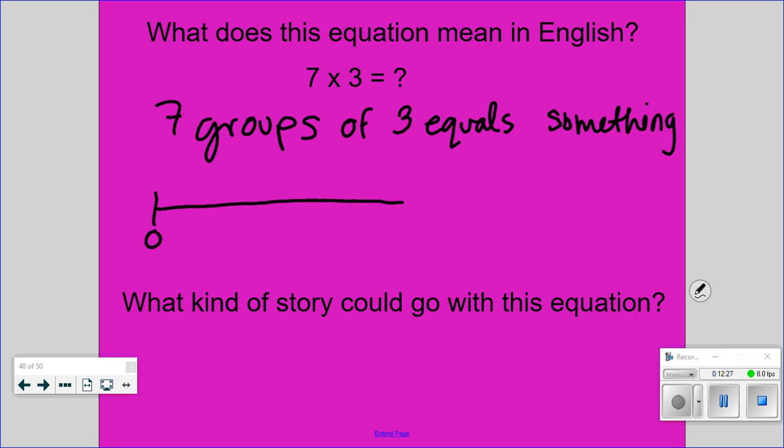If I start at 0, my groups are going to be each of my jumps. So I'm going to jump 7 times on that number line. And the amount that I'm jumping is my other number. So I'm jumping the number 3.